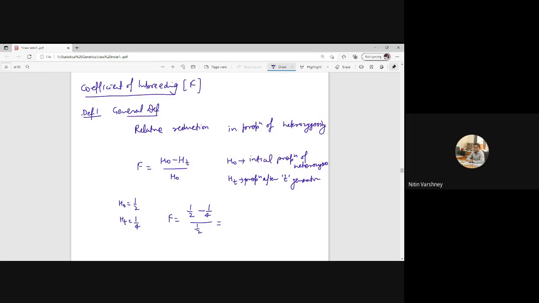What will it be? 2 minus 1 divided by 4, divided by 1 by 2. So it will be 1 by 4 into 2, that is 1 by 2. So this will be the inbreeding coefficient. So HT is the proportion after T generation. So this is the general definition.